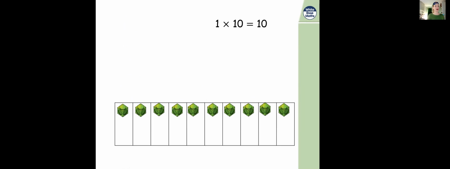They all have the same amount in, don't they? They all have 1 in each. So 10 cubes divided into 10 groups, so 10 divided by 10 is 1. There's 1 cube in each group.